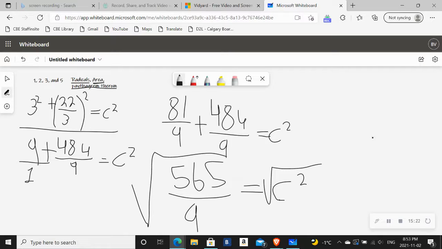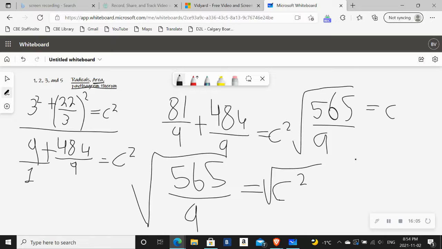And so if we were to do that, that would make it 565 over 9, oh, I forgot to put the over 9. So we changed c squared into c, but we still have to do the square root of 565 over 9.